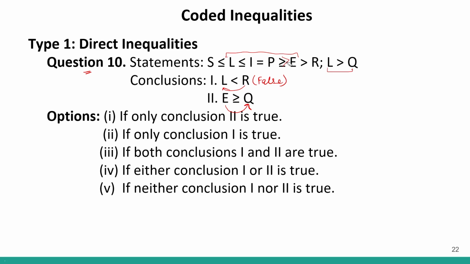If we move from bigger door to smaller door, let's say, from E to Q, I can move up to R, but after R, I cannot move anywhere. So this will also be false. So I will again say that neither conclusion 1 nor conclusion 2 is true. So my answer will be option number 5. Clear?